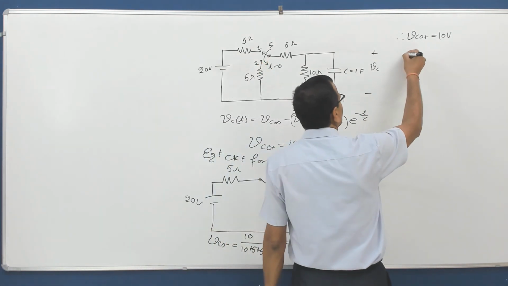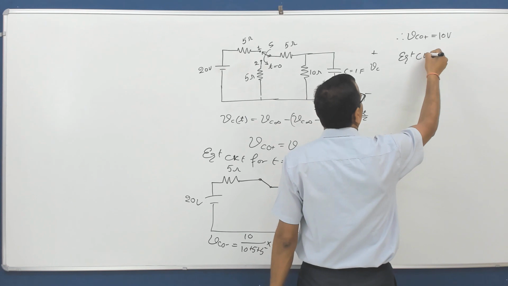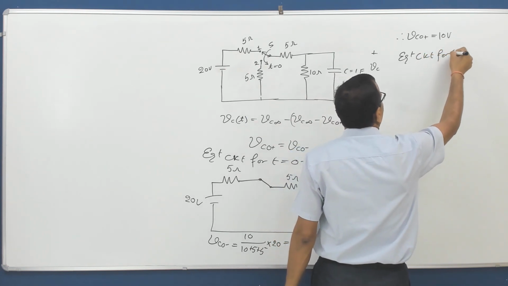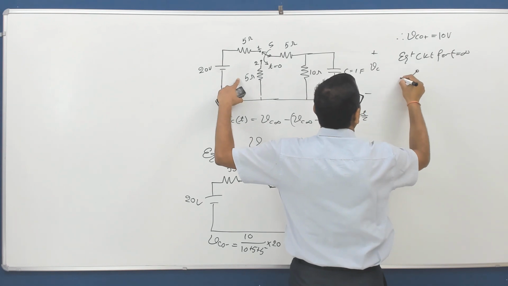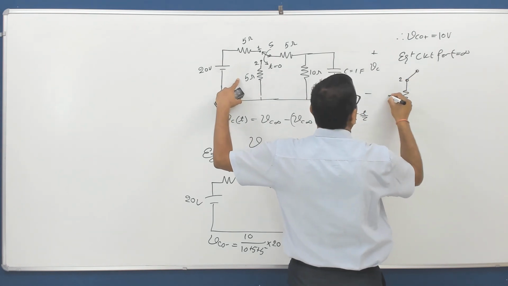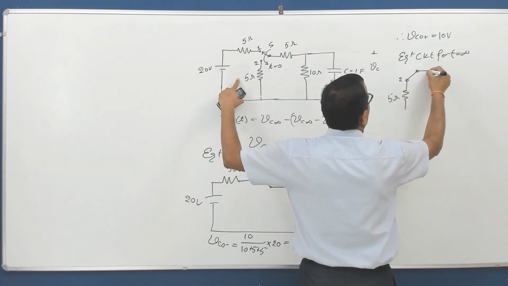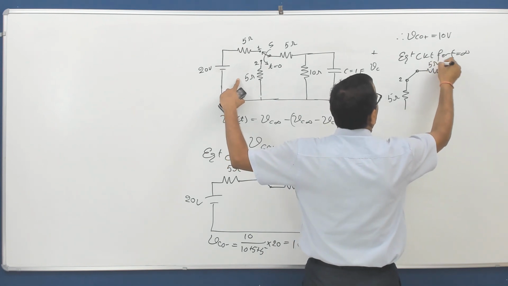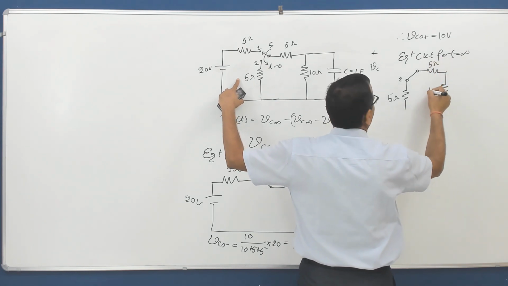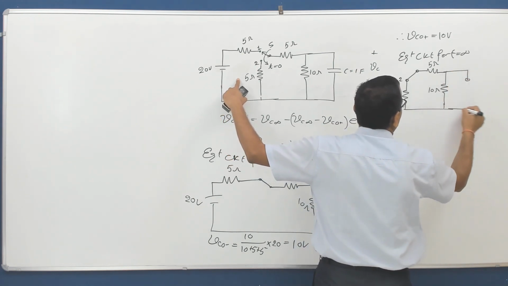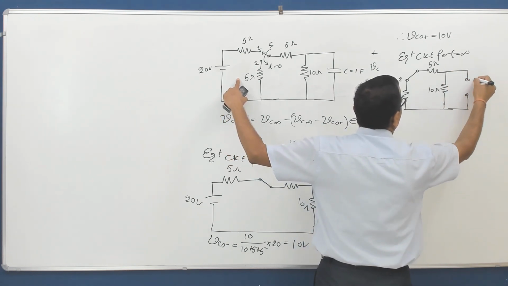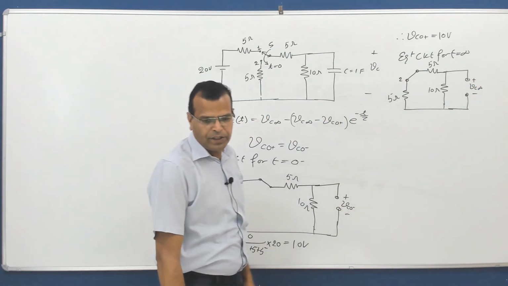So now the equivalent circuit for t equal to infinity becomes: move the switch to position 2, a resistance of 5 ohm, then again a resistance of 5 ohm, then a resistance of 10 ohm, and the capacitor behaves like an open circuit, and the voltage across the capacitor at t equal to infinity is Vc infinity.